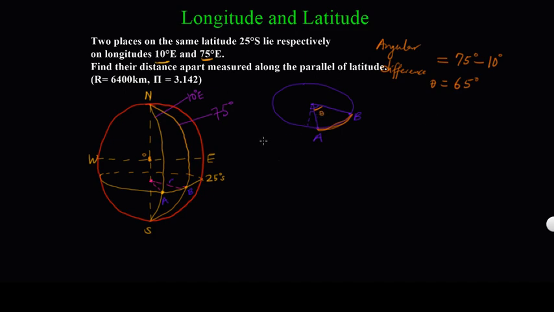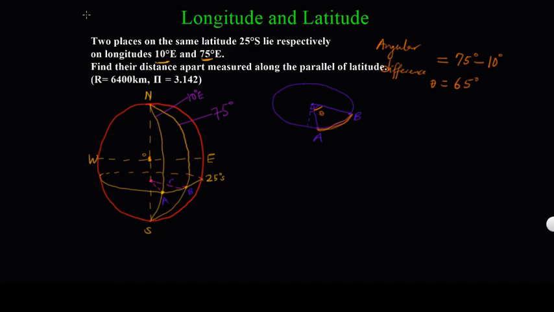So quick one, let's learn this. If 2 points are on the same latitude or they are on the same longitude, to determine the angular difference between them, it follows this logic.